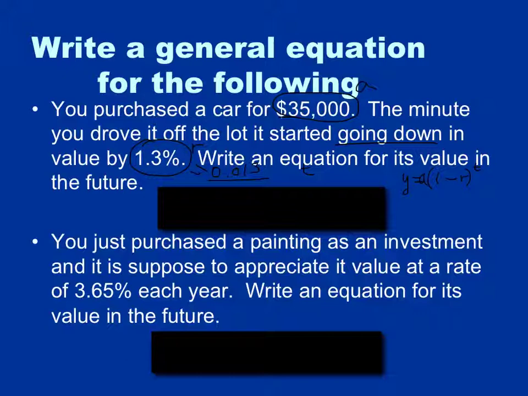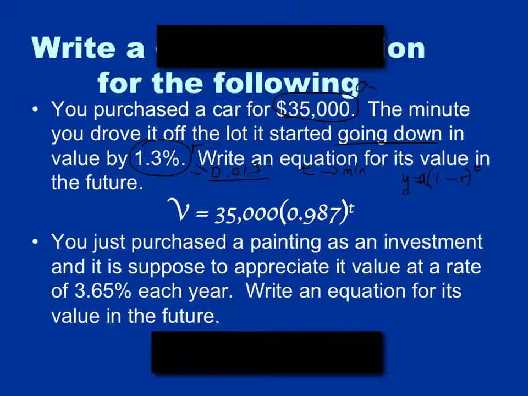But make sure that you understand that the units of t here will be in minutes, because it says every minute the value is decreasing by 1.3%, which is actually pretty fast. So you should just substitute that into the formula, and you would get 35,000 times 0.987 to the power of t. And this is the same as 1 minus 0.013.